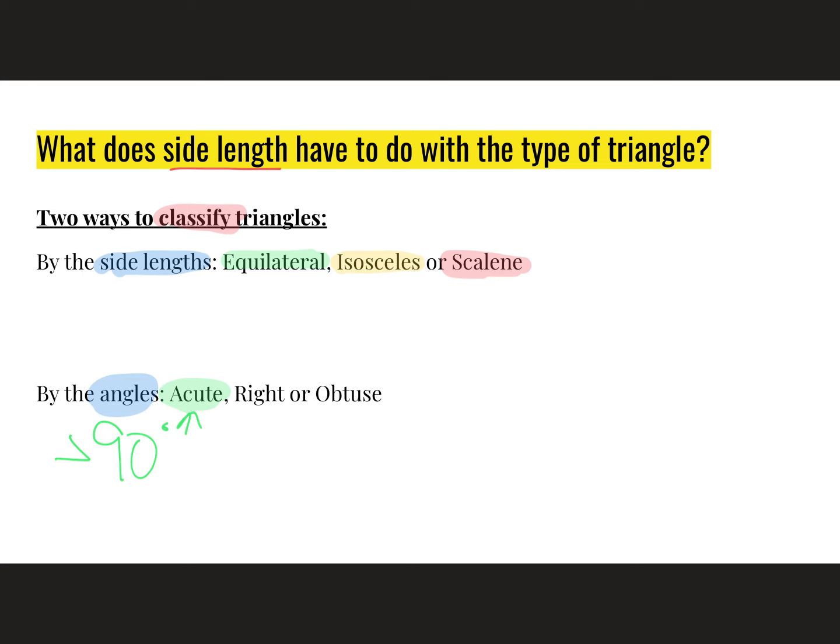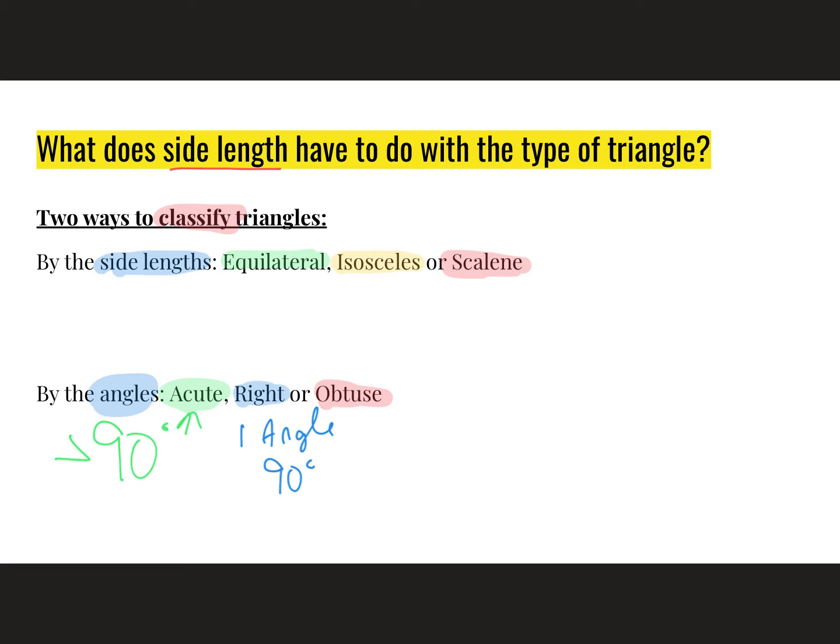Then we have right triangles, and in right triangles you have one angle that is exactly 90 degrees. Finally, we have obtuse. And in obtuse triangles, you have one angle that is greater.